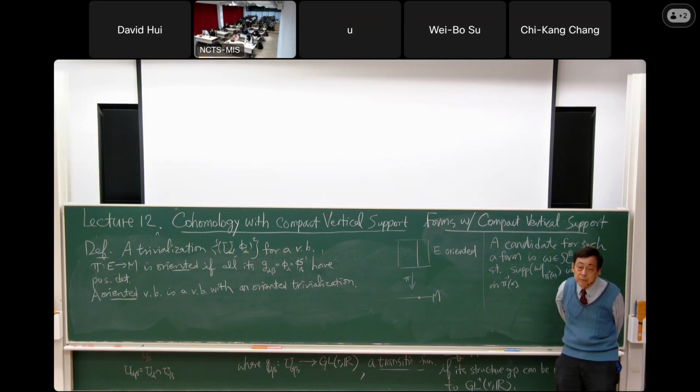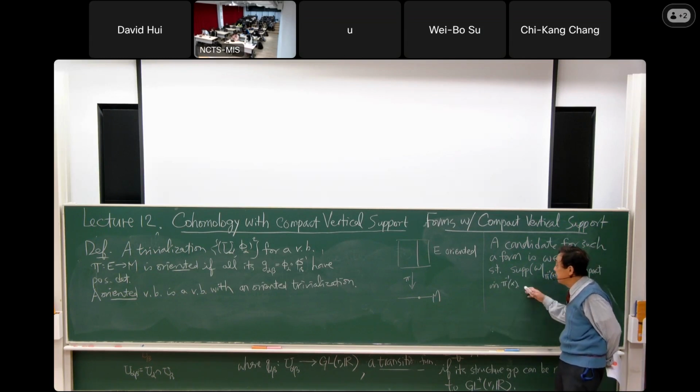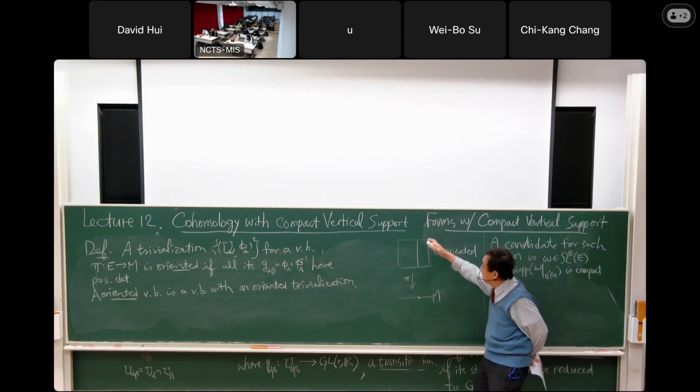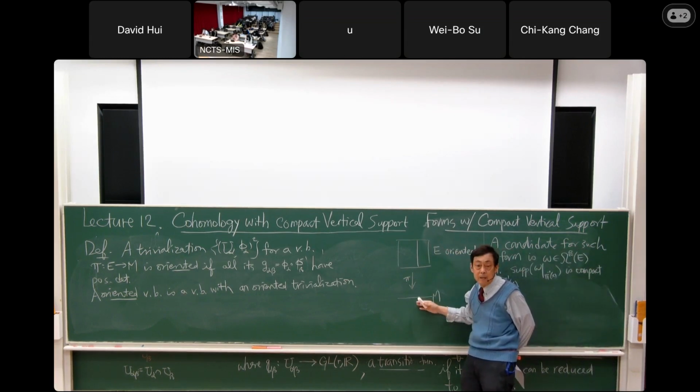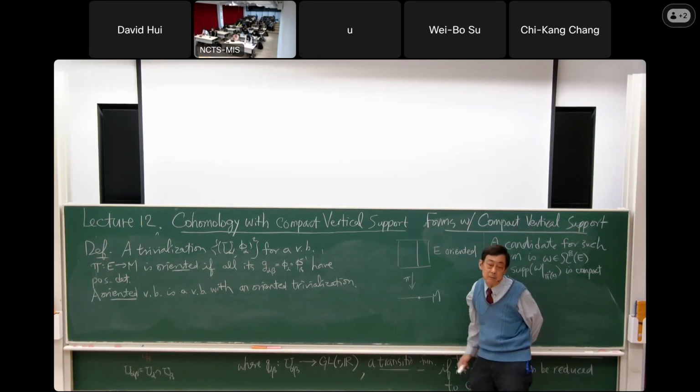Now, the problem with that is that if you integrate a form like this along the fiber, the form that you get may not be continuous. Okay? And so it would certainly not be C infinity.